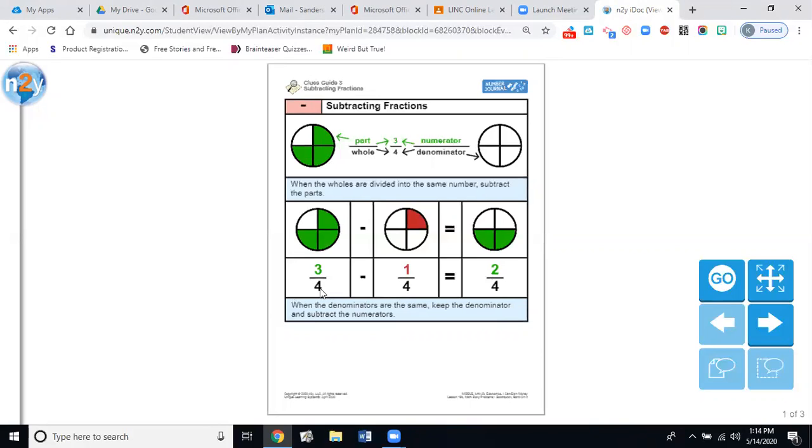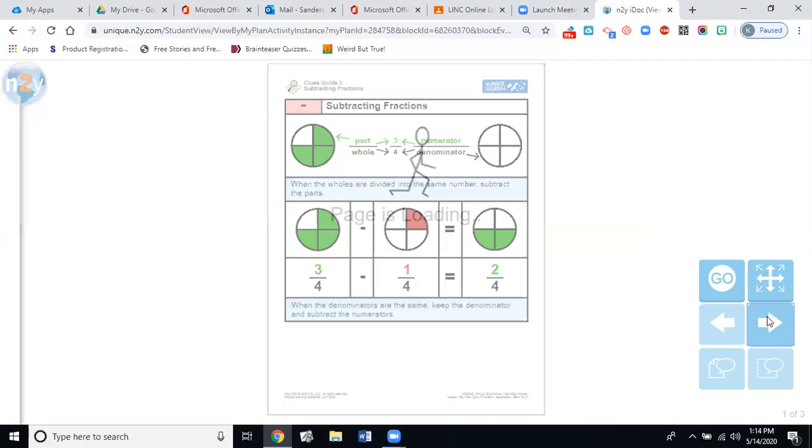So we're just going to keep this a 4 because we have 4 here and 4 on the second one. So we'll just slide the 4 right on over. So it'll be 2/4, because 2 parts out of the 4 parts are shaded.